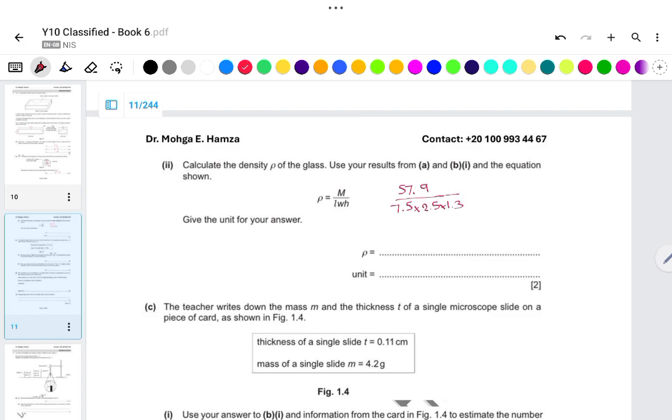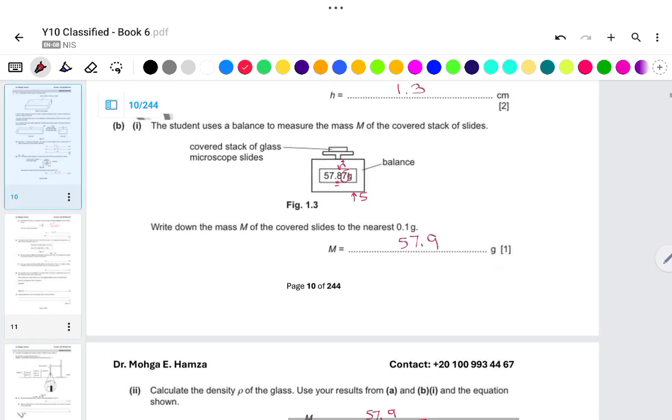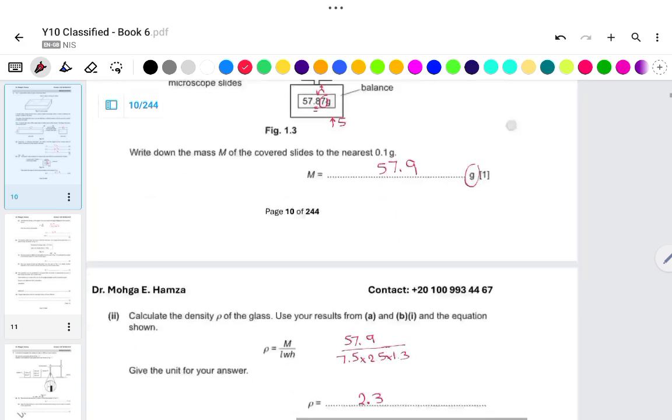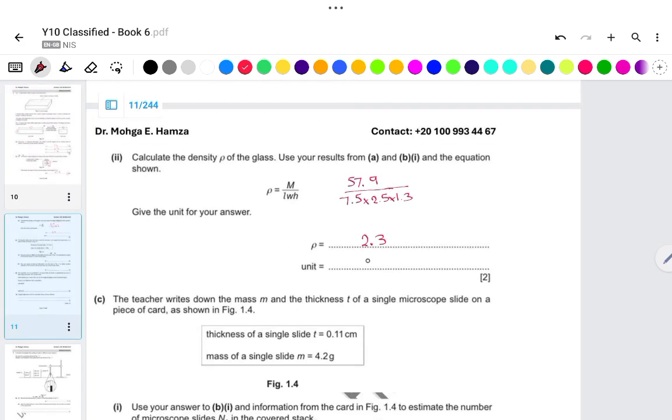So if you do your calculation, it's simply going to give you 2.3. Now this is density, and my mass was in grams, and my length, width, and height were in centimeters. So my unit would be in grams per centimeter cubed.